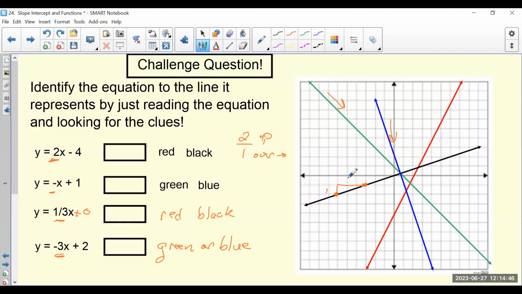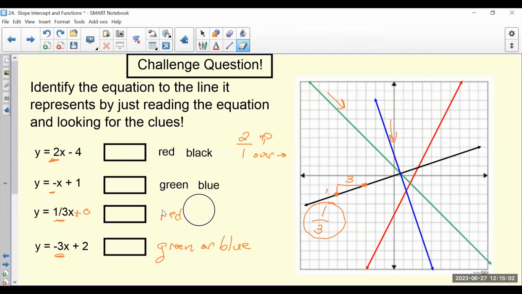So I'm looking for a slope of 1/3. And now I know the black line is actually this one here. So I can get rid of this. If I can find the right tool, I can put black in here. It's going up 1 over 3.